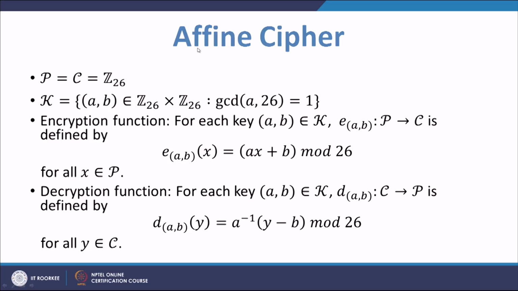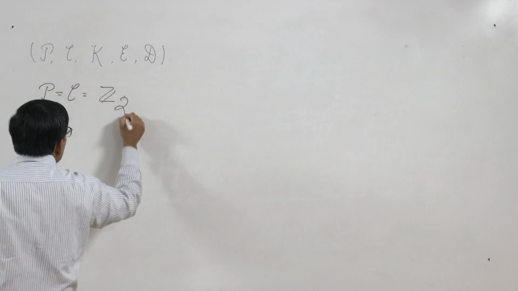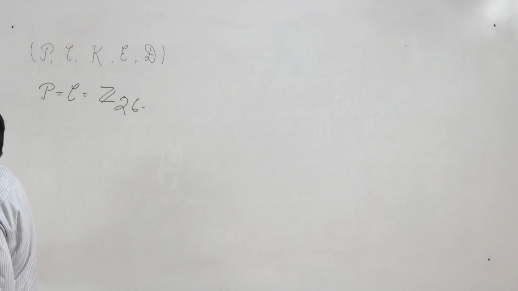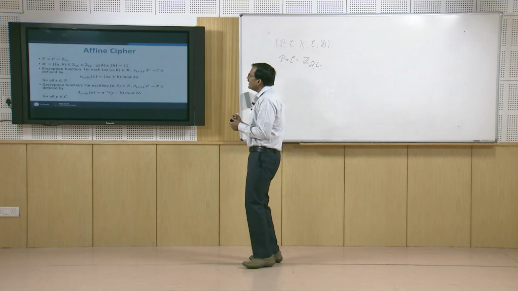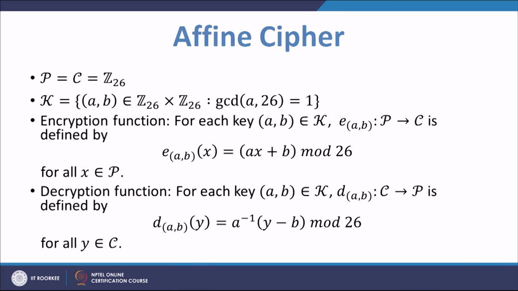P and C both are Z sub 26, whereas K is a subset of the Cartesian product of Z sub 26 by Z sub 26.